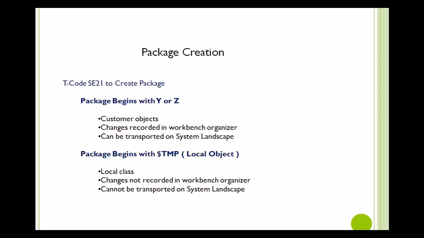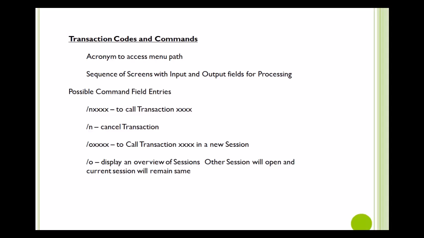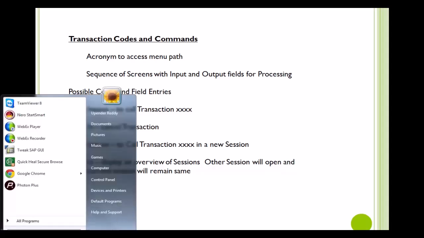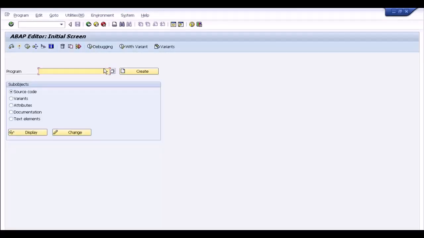Before that, there are fundamentals. We'll check here how to create programs. You can connect to your system. Let me introduce a program. The moment you enter SE38, this screen will open. Place the cursor here in the program field.